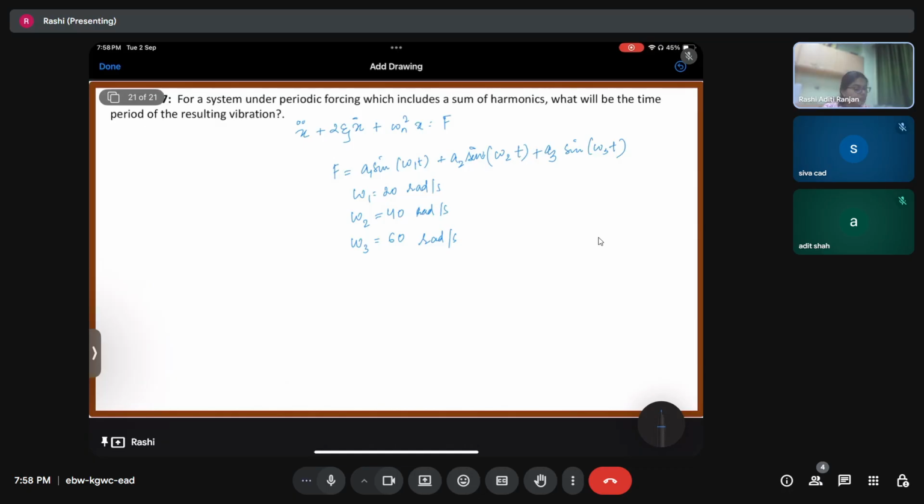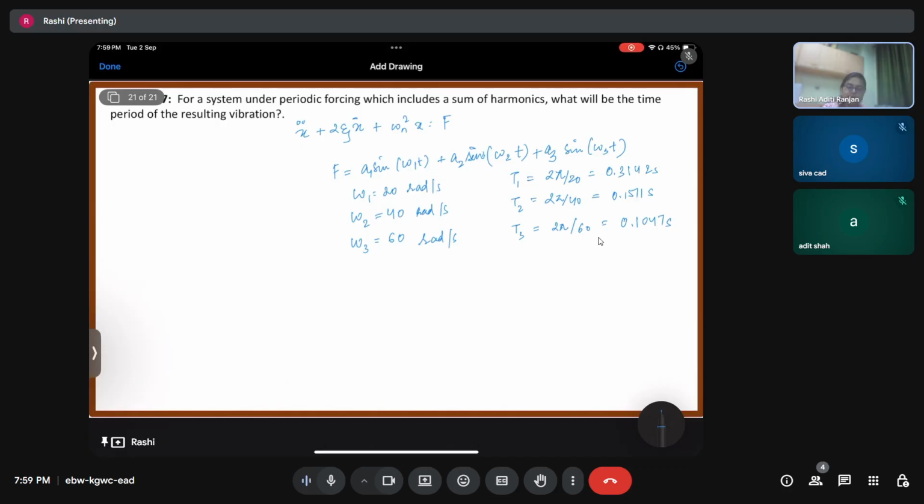If we calculate the time period corresponding to all the three frequencies, T1 is going to be 2 pi by 20, which is 0.3142 seconds. T2 is 2 pi by 40, which is 0.1571 seconds. And T3 is 2 pi by 60, which is 0.1047 seconds. These are the three time periods.